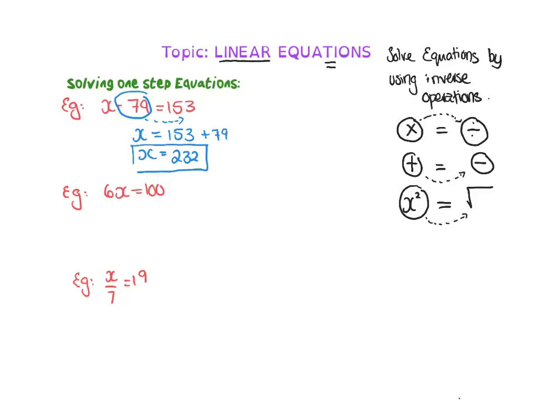Here on the next example, it's 6 multiplying with x. Because it's like timesing, when we move that 6 over to get the x by itself, it's going to divide. So we can simplify that fraction, and we can say 2 goes into 100 50 times, and 2 goes into 6 3 times.